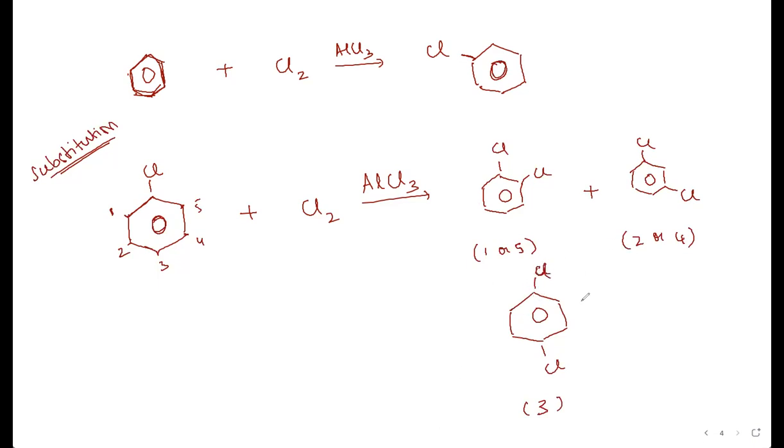So ideally, you should get almost equal distribution of all these products. Maybe more of these two because you have multiple positions available for the ortho product. But more or less, ortho and meta should be the same. Maybe a slight variation that para would be different. This would be your expectation, right? But that is not what happens.